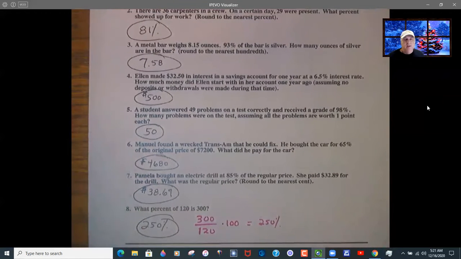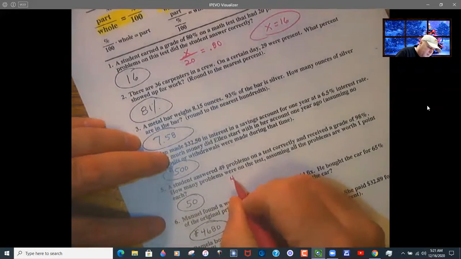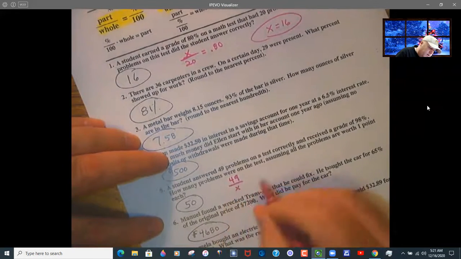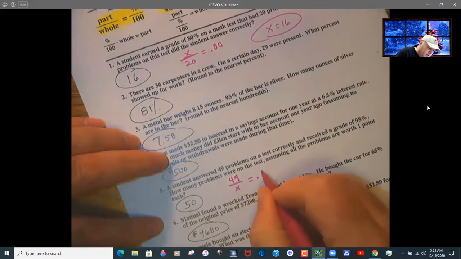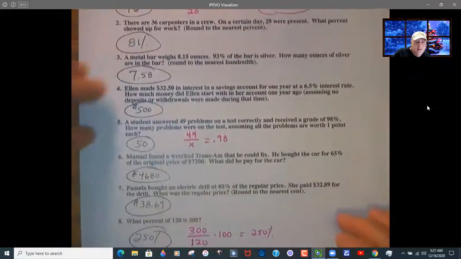So in doing straight percent problems, there are three things to keep track of: the part, the whole, and the percent, and to know what it is that you're solving for. So problem 5 is a good problem. The part is 49, the whole we do not know, received a grade of 0.98. So again, I'm doing this 98 over 100.